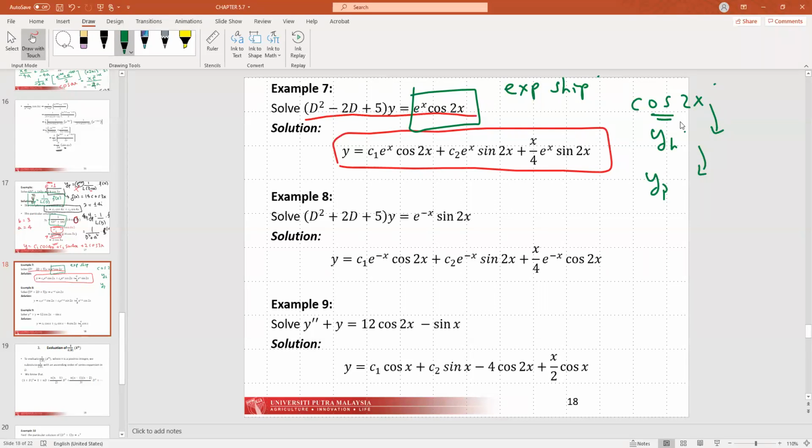Cosine 2x, awak boleh guna undetermined coefficient ataupun variation of parameters. Untuk inverse operator, dia macam ringkasan daripada exponential shift. Ini sebenarnya benda yang sama.